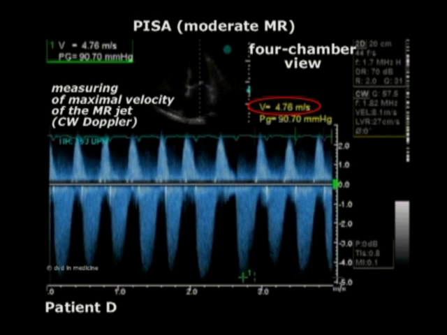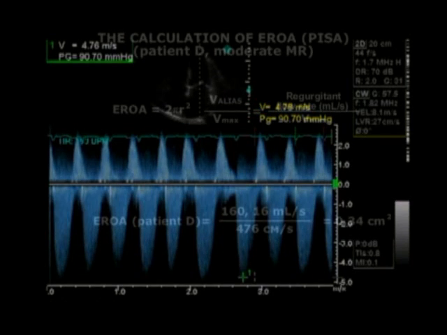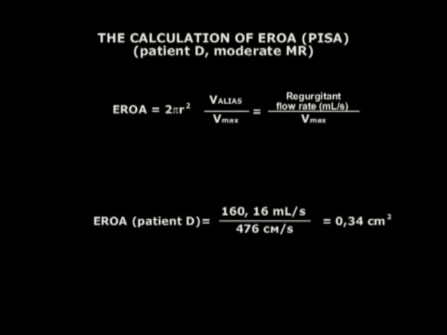Maximal velocity around 4.8 meters per second. Effective regurgitant orifice area is 0.34 centimeters squared.